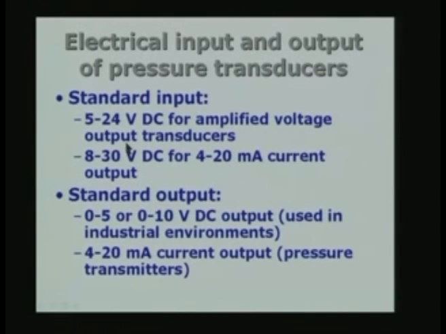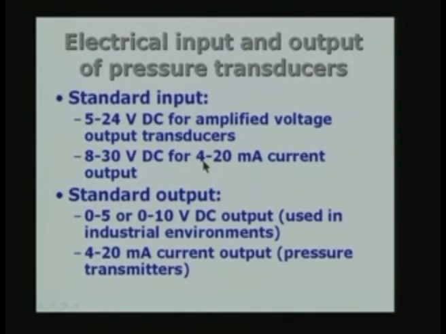So, the standard input will be 5 to 24 volts DC for amplified voltage output transducers, and for current type instruments 8 to 30 volt DC, and the standard output will be either 0 to 5 volts or 0 to 10 volt DC used in industrial environments, and in the case of process applications we usually use 4 to 20 milliamperes. So, let me just look at this 4 to 20 milliamperes slightly more carefully.